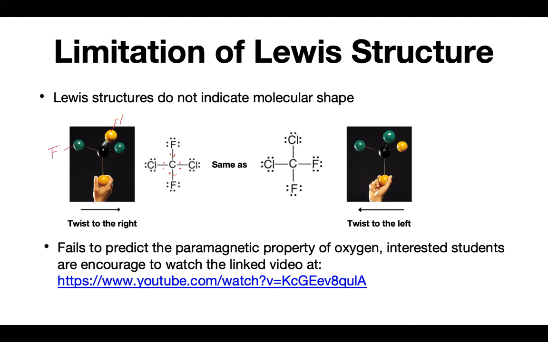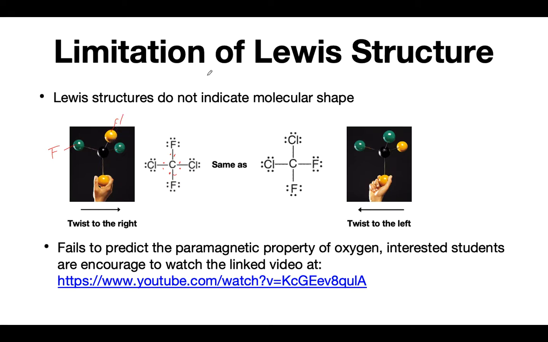You can see that these 2 are drawn showing that they are opposite. But if you rotate them, twist like this, you see they are on the same side, right? So that's why we really need to use a model like this to tell us the real structure of the molecule, so that we can look at the spatial arrangement of the atoms within the molecule.